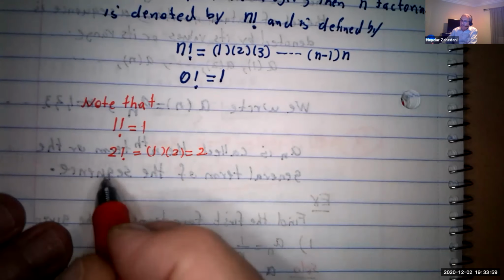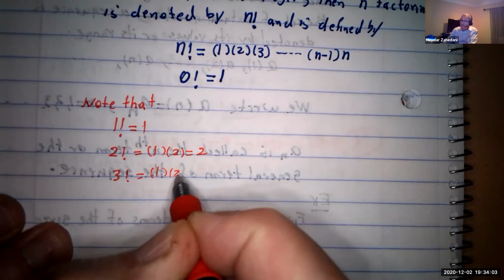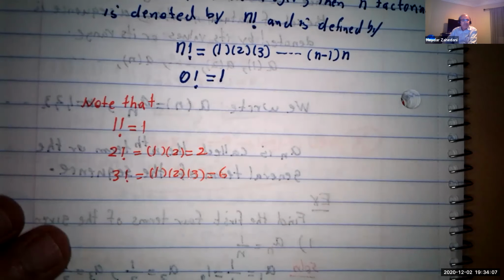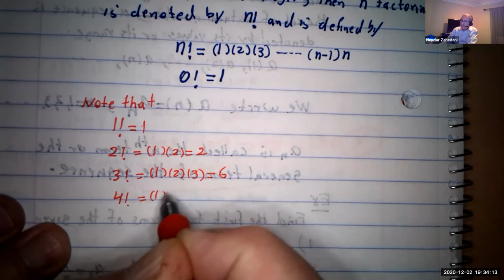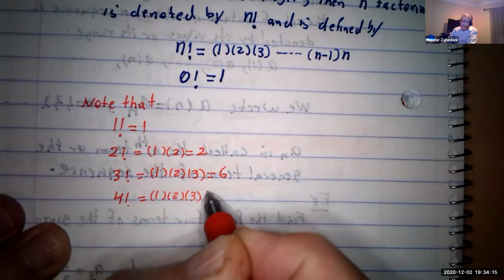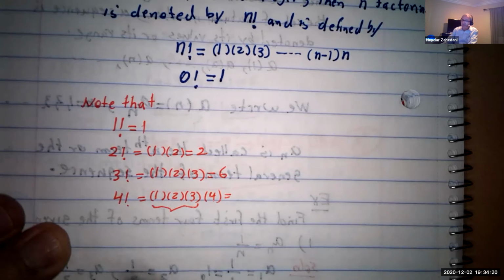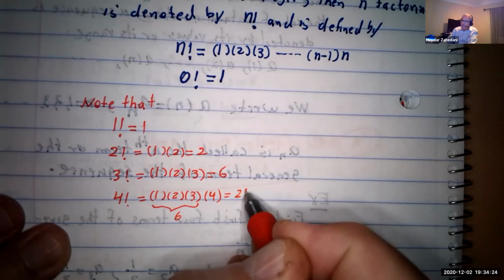If you want to find 3 factorial, it's 1 times 2 times 3, which is 6. If you want to find 4 factorial, it's 1 times 2 times 3 times 4. You see over here, it's a 6 already. 6 times 4 is 24.